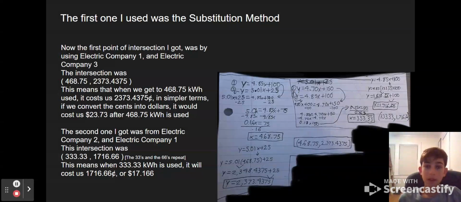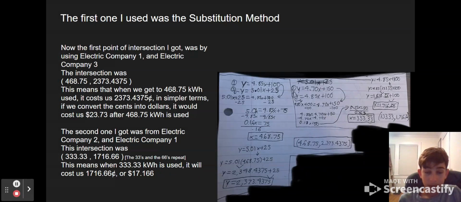Now, basically, what that point means is that when we get to 468.75 kilowatt hours used, it costs us 2,373.4375 cents.